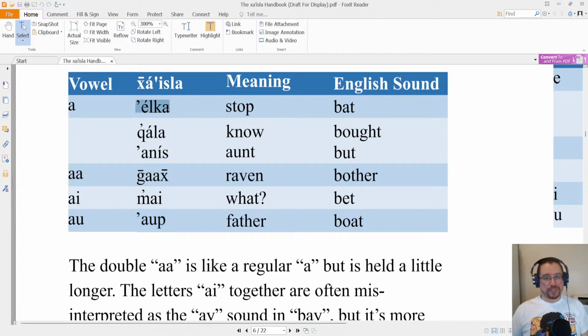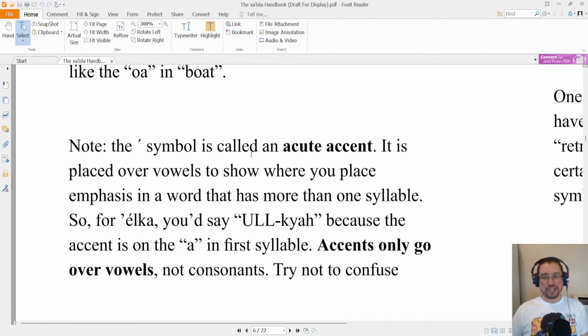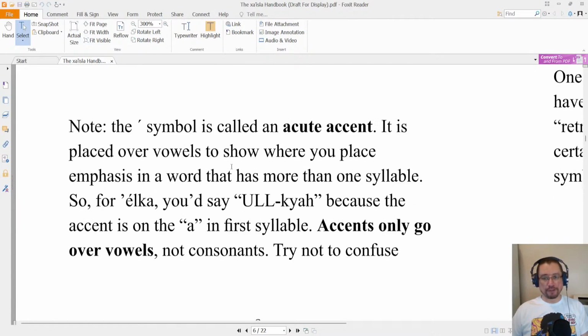But you do see them in these three words here: alkia, k'ala, and anis, because they all have two syllables. So you only see accent marks over vowels, never over consonants, and you only see them in words that have more than one syllable. One syllable words will not have an acute accent in them.